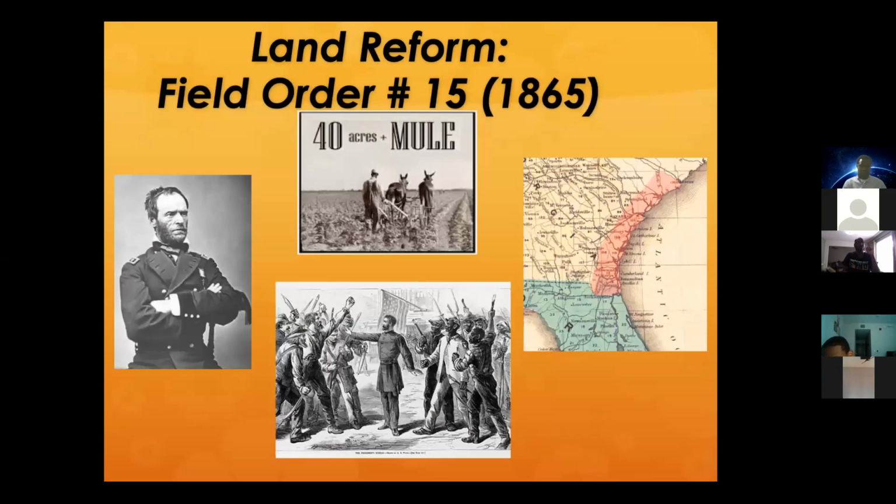We talk about land reform, and I'm just pointing out different things. If people are familiar with the whole conversation around reparations, you often hear this thing, 40 acres and a mule.